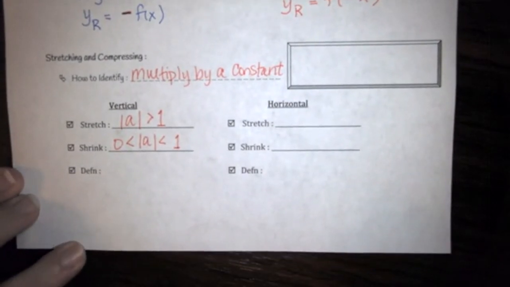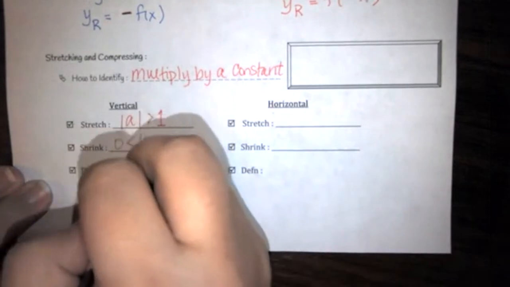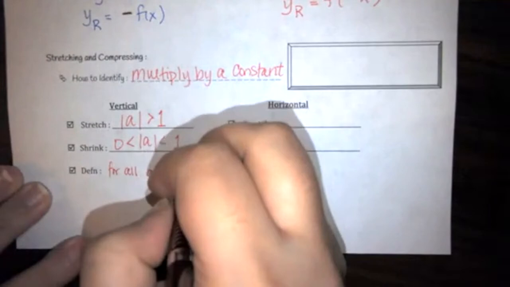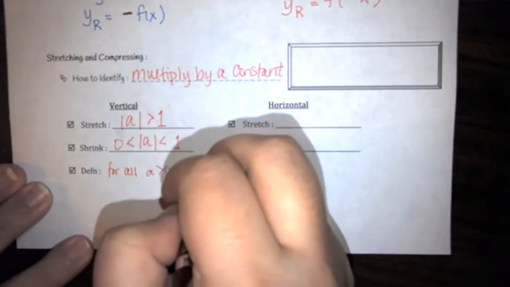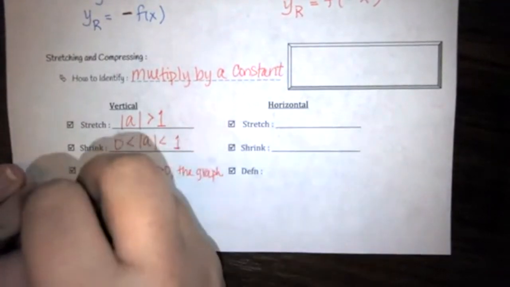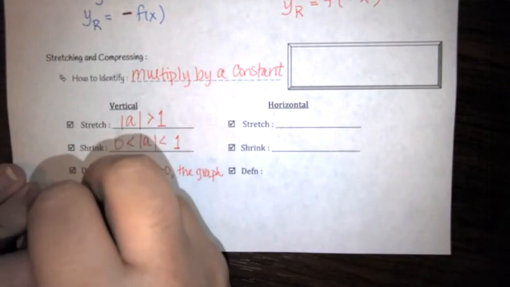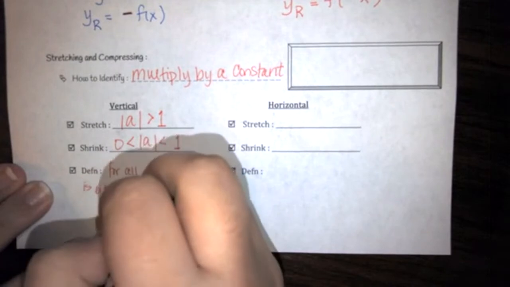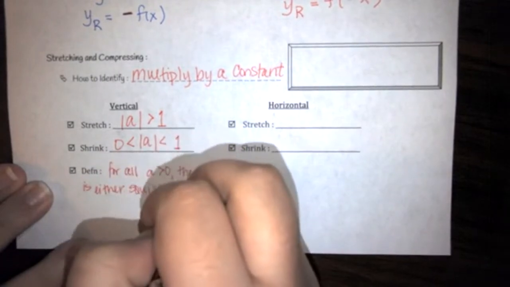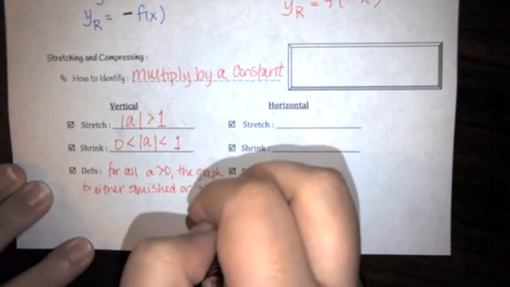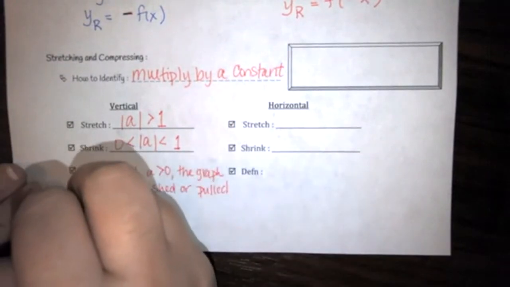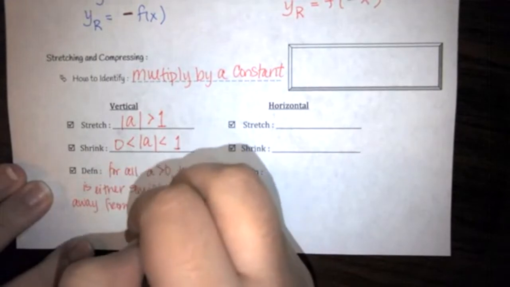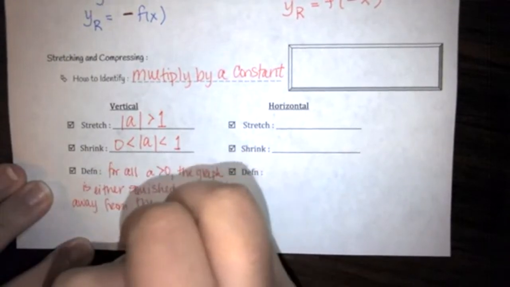So we're looking at values that fall between 0 and 1. The actual definition we use says for all values greater than 0, the graph is either squished or pulled away from the x-axis.